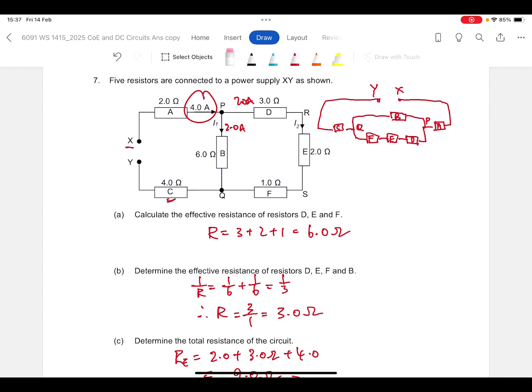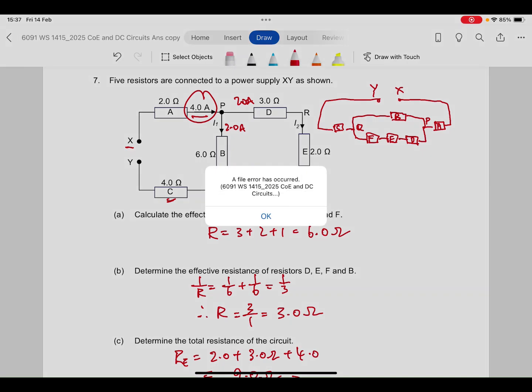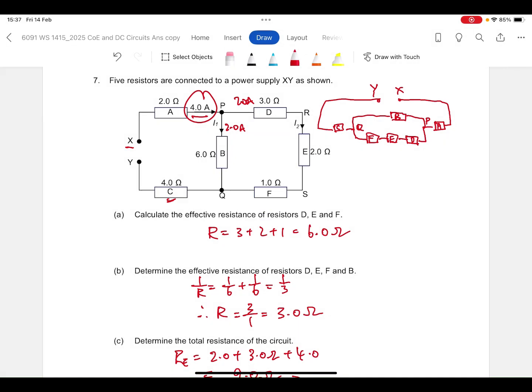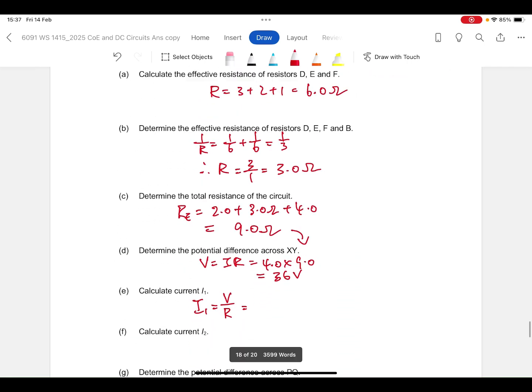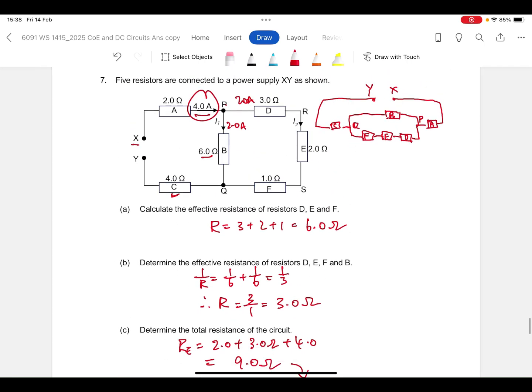To find it, you take the 4 amperes, multiply by the resistance of the whole parallel part. Using the potential difference PQ, you can divide by the resistance of each branch to find the current. For argument's sake, let's just do that.